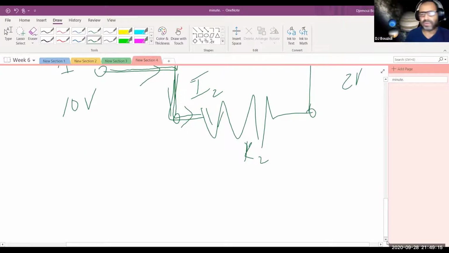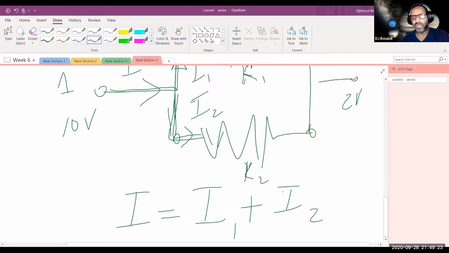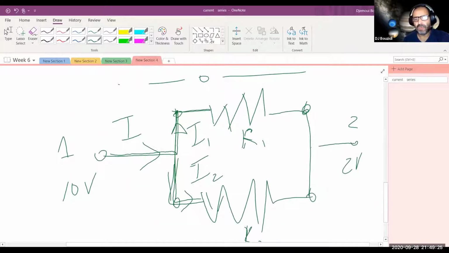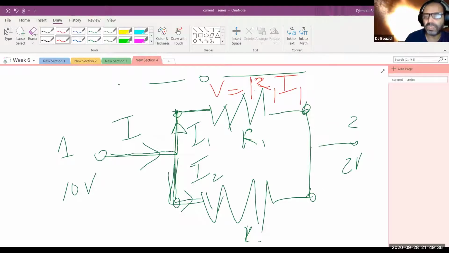So the total current I is the sum of the two currents, I1 plus I2. And the voltage is the same. The voltage must obey V equals R1 I1. That's Ohm's law. And the same V must also equal R2 I2.